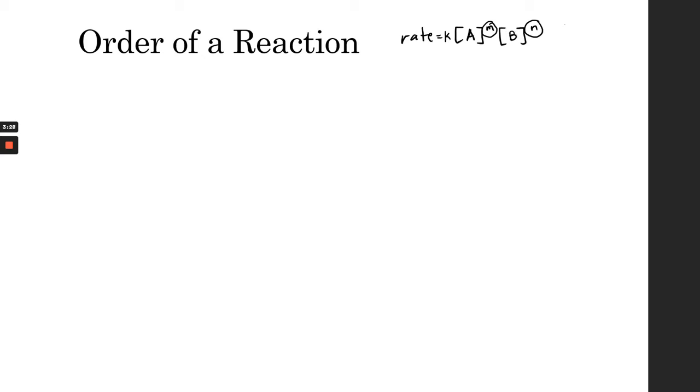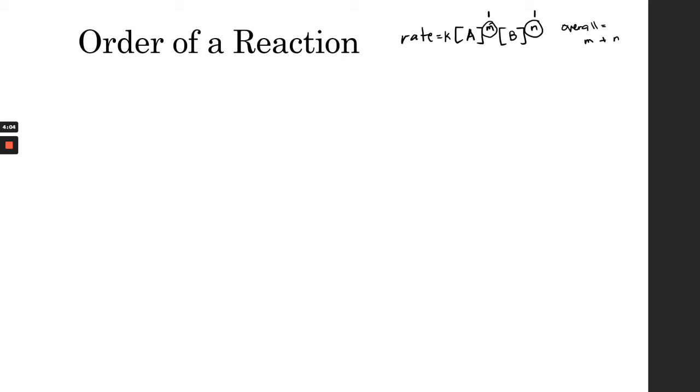I hope you guys remember that. And when we talk about the overall reaction, we usually just have to add M and N. So if that's 1 and 1, then the overall is equal to 2, meaning the overall order of the reaction would be second order. What that also means is that it's first order for A and first order for B. Going back, let me repeat: for example, our M is 1 and our N is 1.